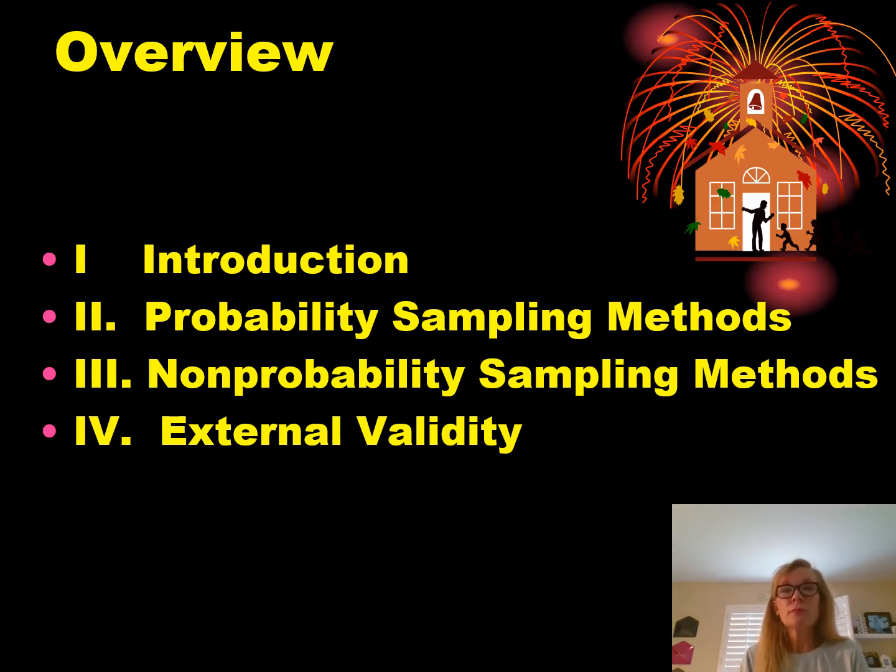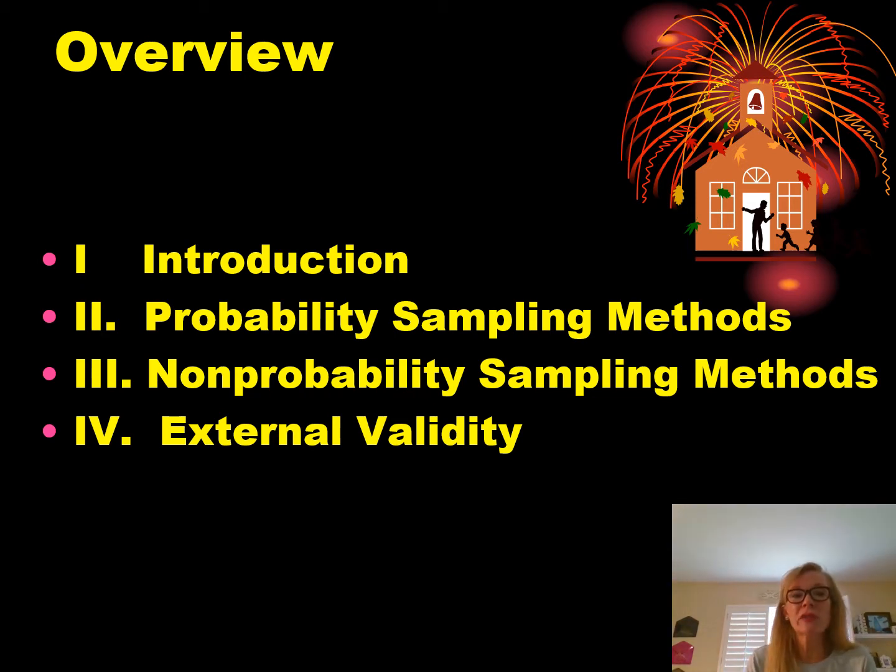Well, validity has a broader definition outside of just measurement. Validity itself means the truth of something, the veracity of something, the accuracy of something. So when we're using the term validity in the context of measurement, we're talking about the truth value of that measurement tool. Now we're talking about validity in the context of sampling and research design.